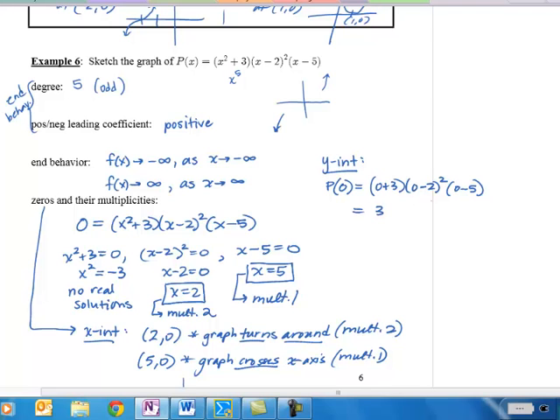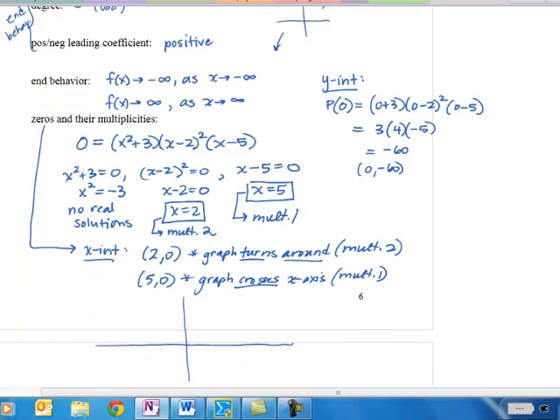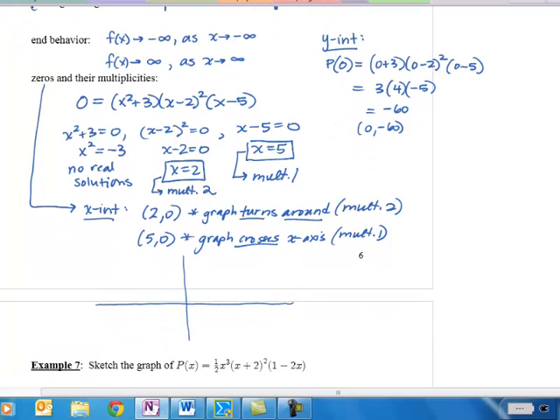So we get 3 times negative 2 squared, which would be 4, times negative 5. So it looks like negative 60. So the y-intercept is (0, negative 60). So we've got x-intercepts at 2 and 5, a y-intercept at negative 60. We'll just put that down here.